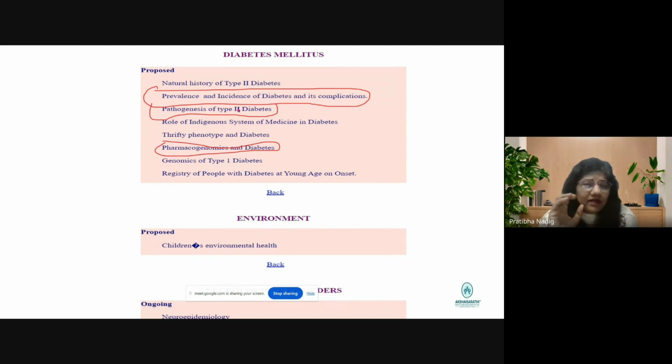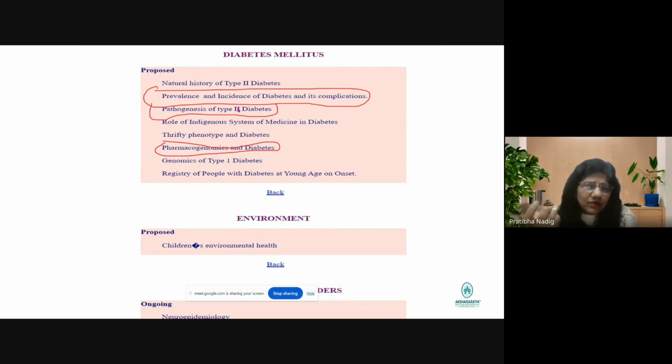So always, as I said, what was true 20 years back may not be true now, because of the change in gene expression, interaction with the environment, lifestyle. People keep changing their lifestyle, and therefore their expression also varies. Their food habits change. If you see, a lot of research is happening on nutrition in diabetes now, which was not there 20 years back.